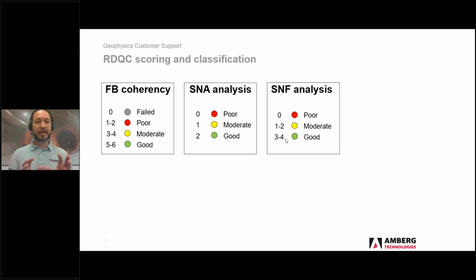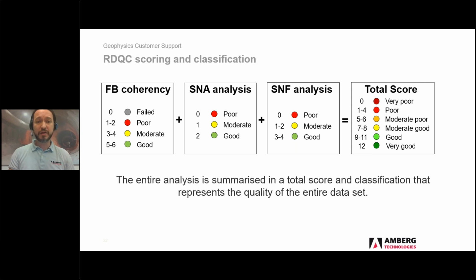This is the scoring for each individual analysis, but now we will add these together. We add these scores in order to obtain a total score that summarizes all the analyses. This total score is the classification that represents the quality of the entire data set. It will vary between 0 and 12 points.